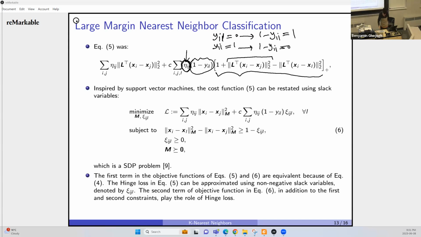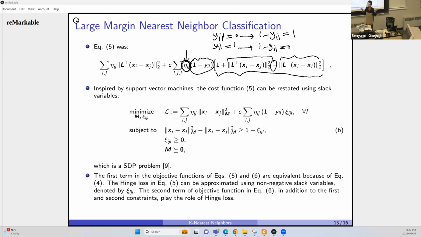What is this? This is the generalized Mahalanobis distance between xi and xl, the distance between anchor and negative, but with a minus in front of it. When I minimize minus something, it means that I'm maximizing it. It means maximize the distance between negative and anchor.